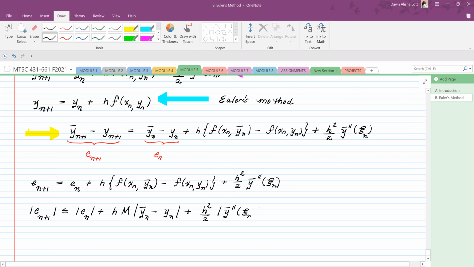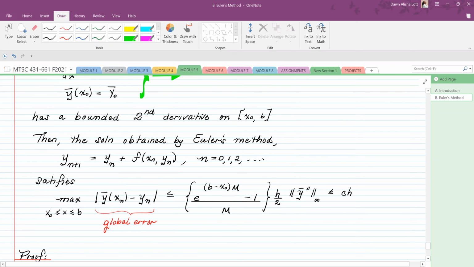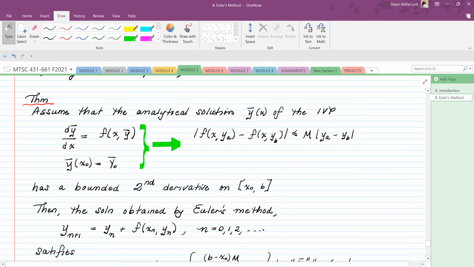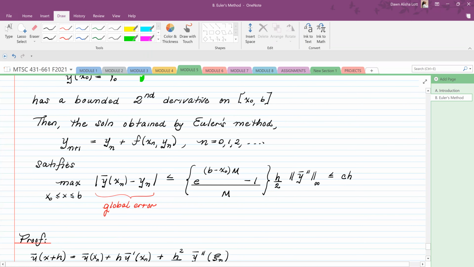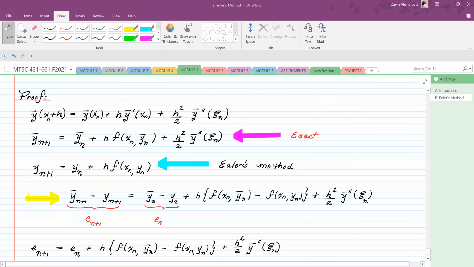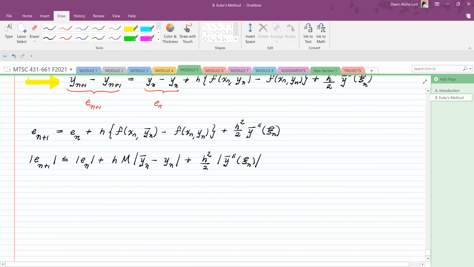So where did that come from? That's a hypothesis. Assuming the analytic solution of the initial value problem, the difference between YA and YB for any solution is less than or equal to a number M times the difference between the two solutions. So this M is from the hypothesis of the theorem that we're proving.